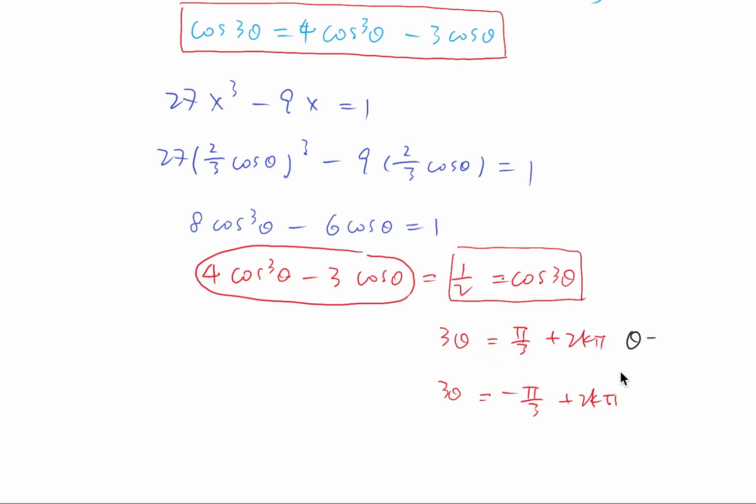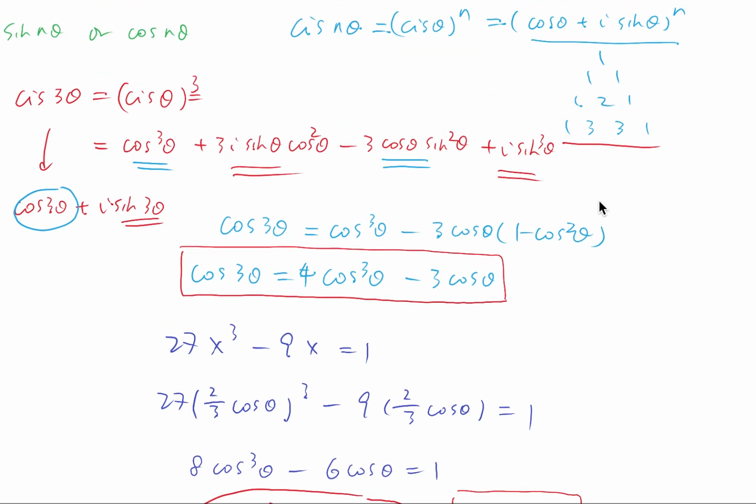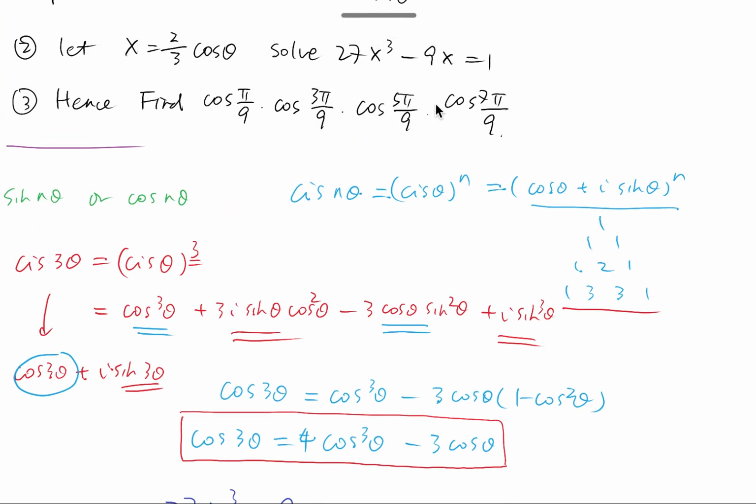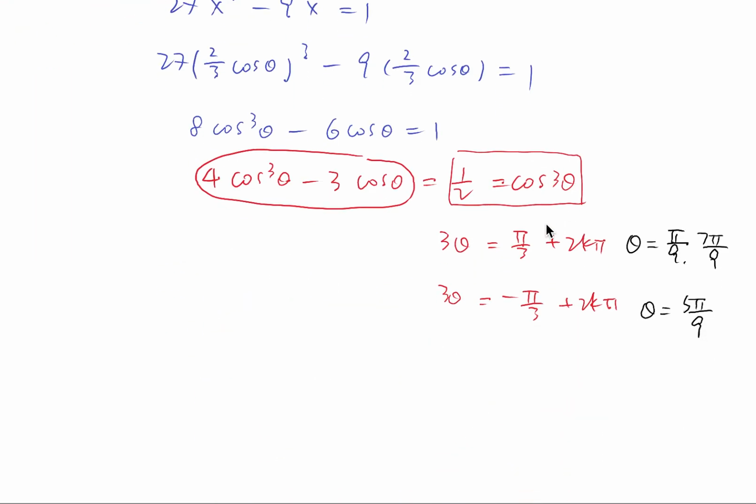From here we get two solutions, theta equals pi over 9 and 7 pi over 9, and from the other we get theta equals 5 pi over 9. So these are the three solutions for that cubic equation. Because it's a cubic equation, we should expect three solutions.